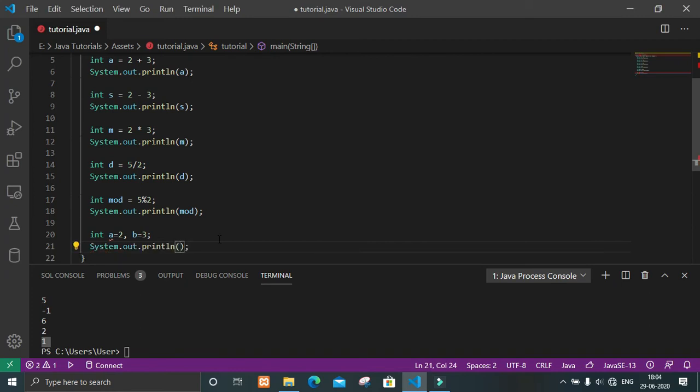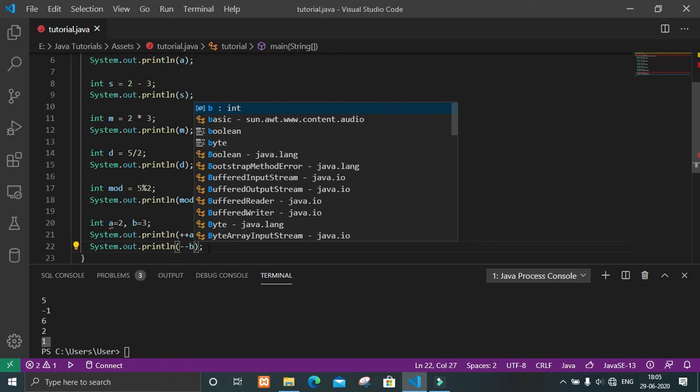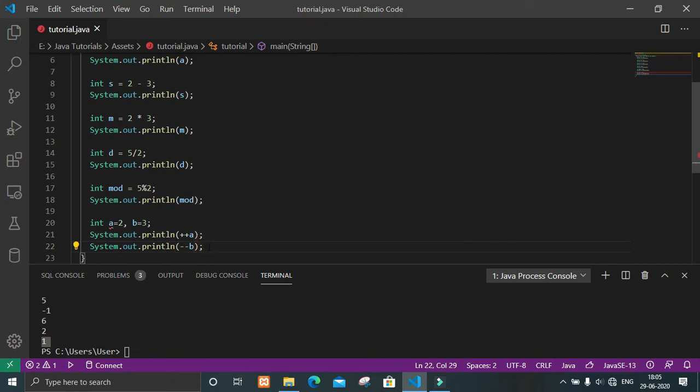That would be plus plus a, that would increase a by 1, and let it be minus minus b, that would decrease the value of b by 1.